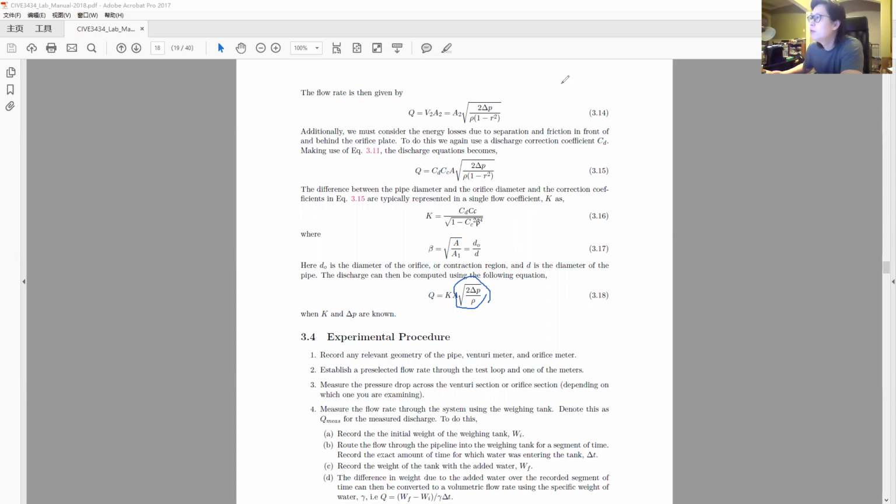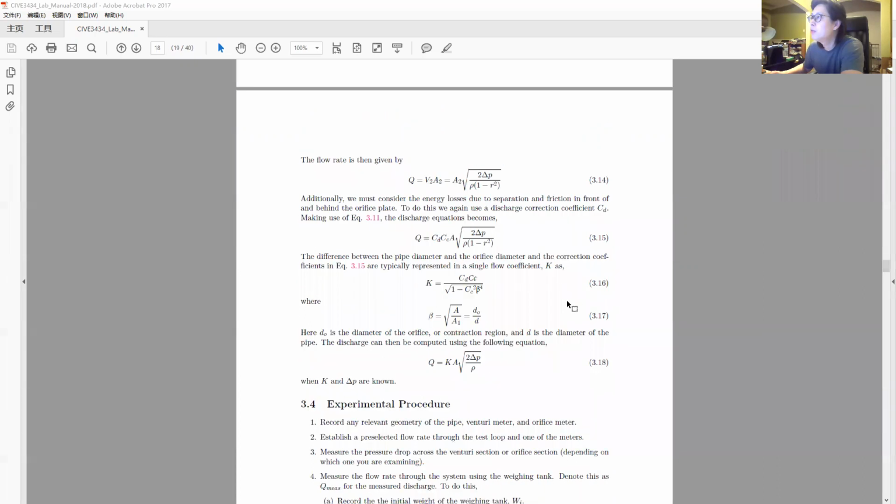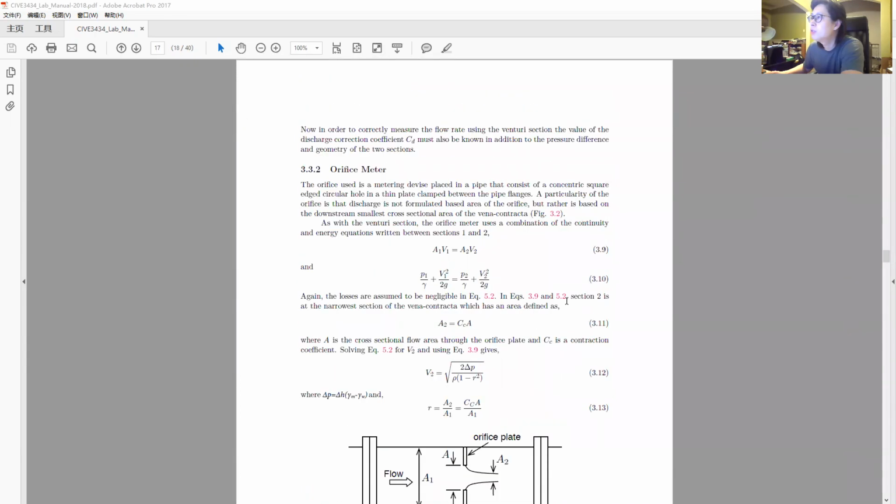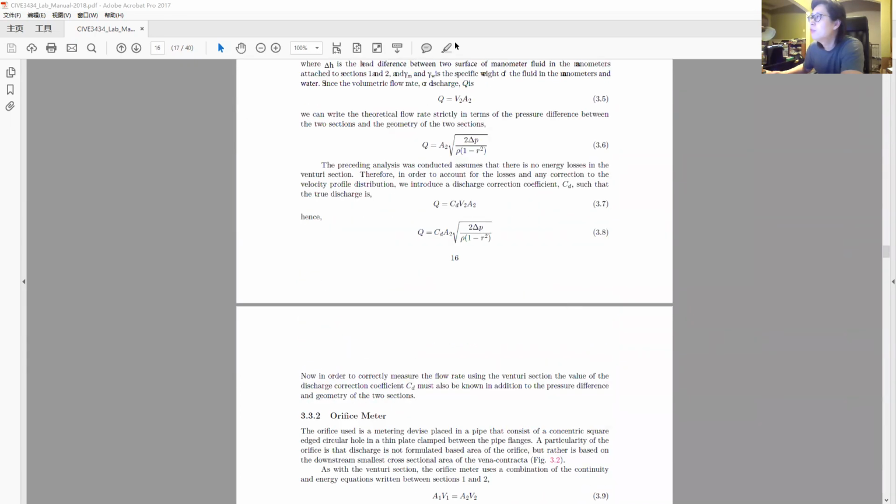But for the Venturi, it's a little bit different because the equation is different. For the Venturi, it's actually this part as your x and your q as your y, and your CD is actually the slope, if you draw the scatter plot. So the slope is your CD. Once you get the figure and the trend line, you're able to get the CD.